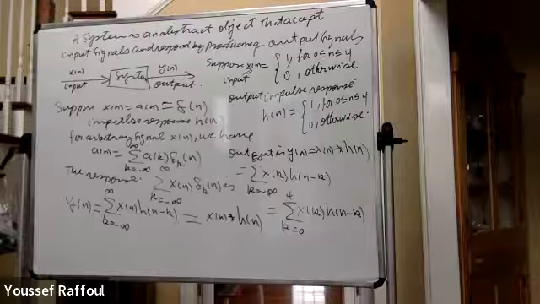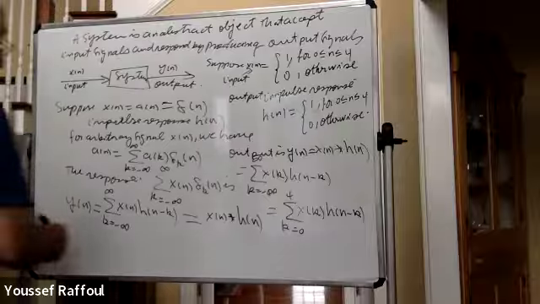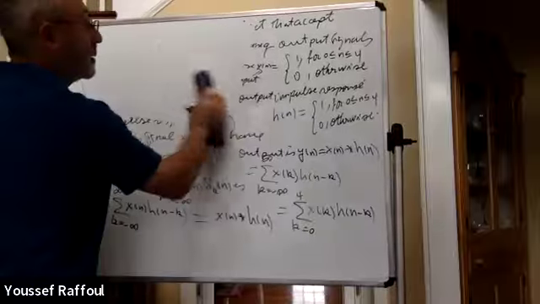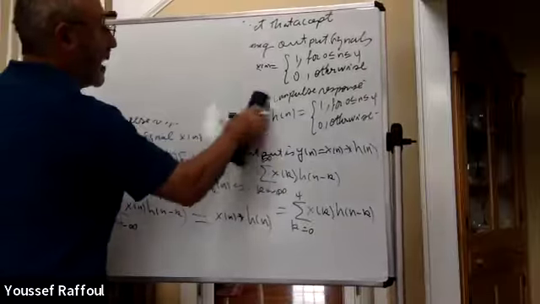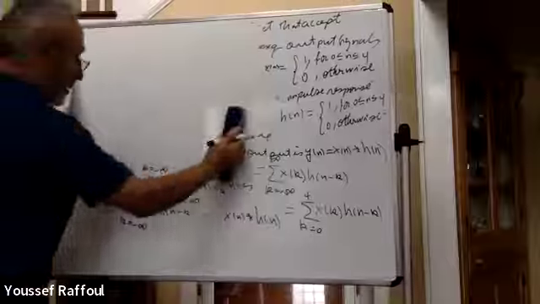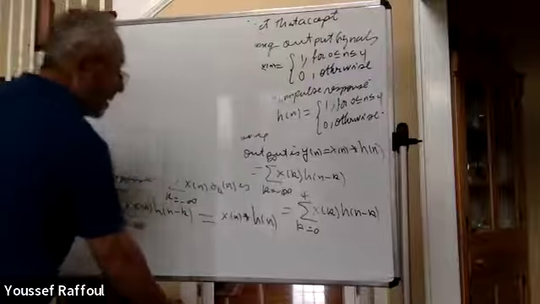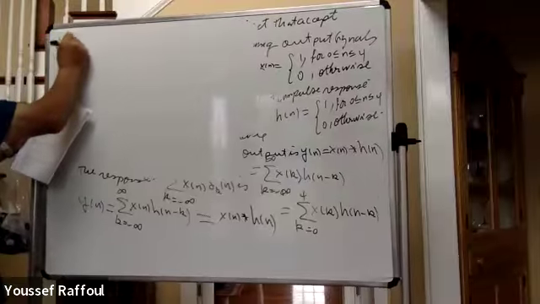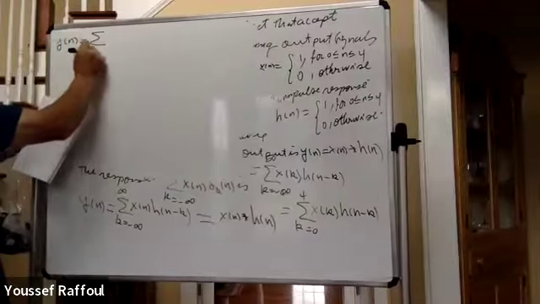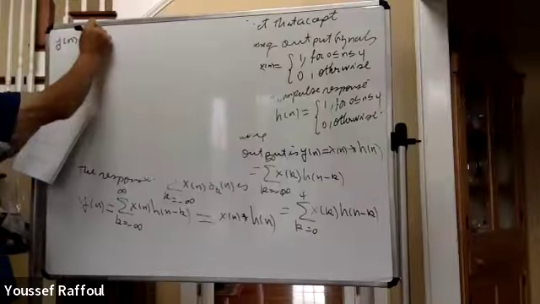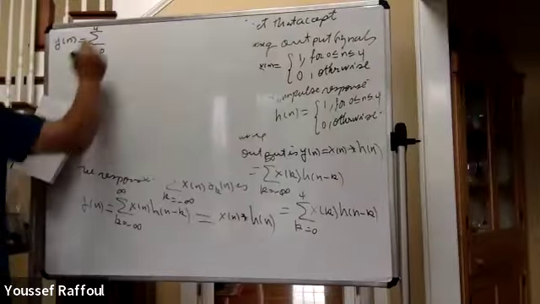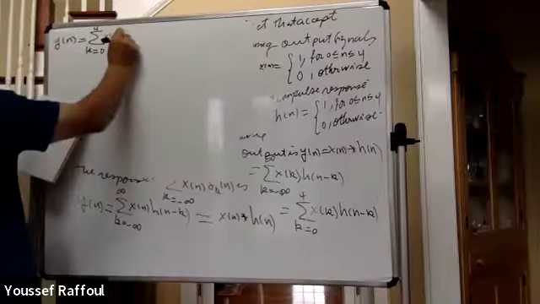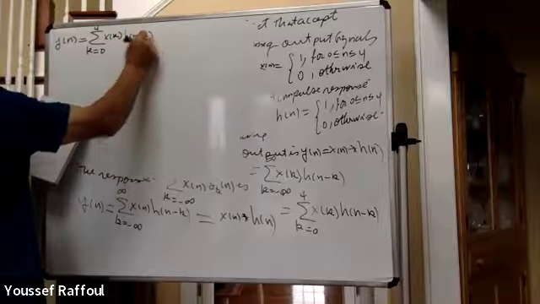So let's take a look at it again. This is x(n). So in other words, I have y(n) equal to the sum from k equals 0 to 4 of x(k) h(n minus k).